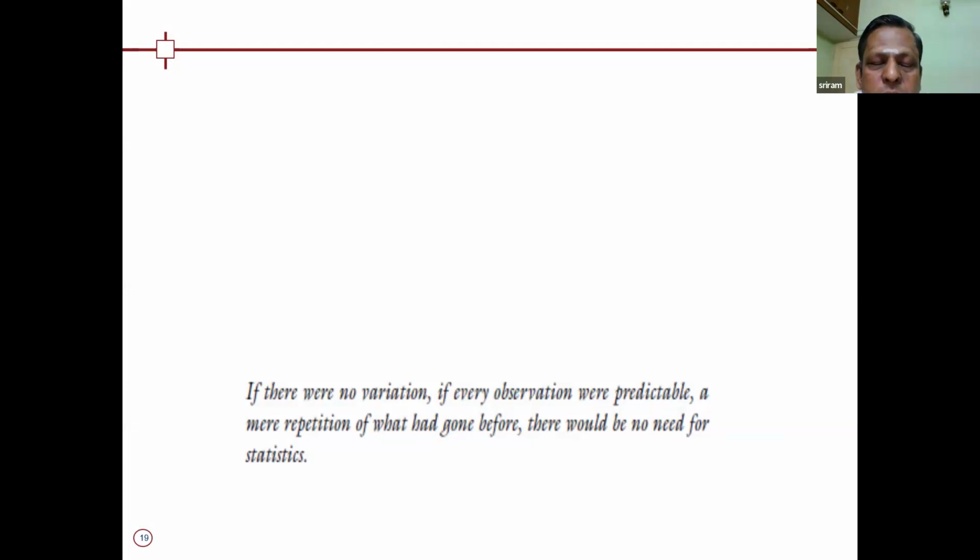That means every measurement is the same value. For example, if every patient has the same HbA1c, there is no need for statistics to analyze. Or if there is very little variation, there is no need for statistics to analyze.